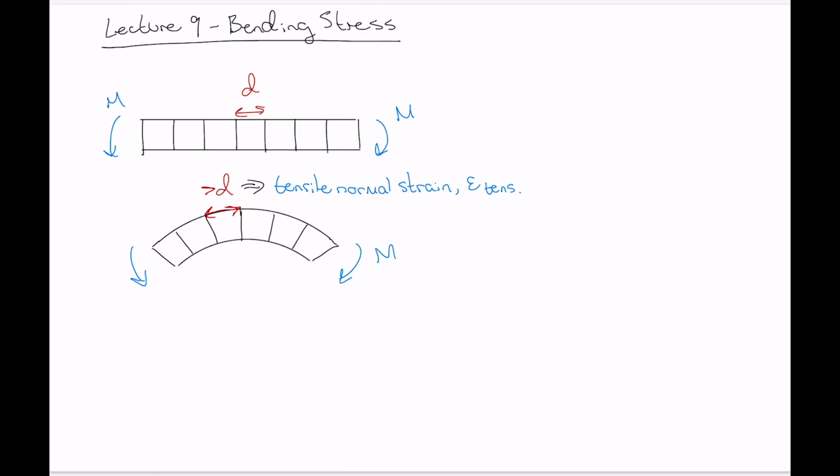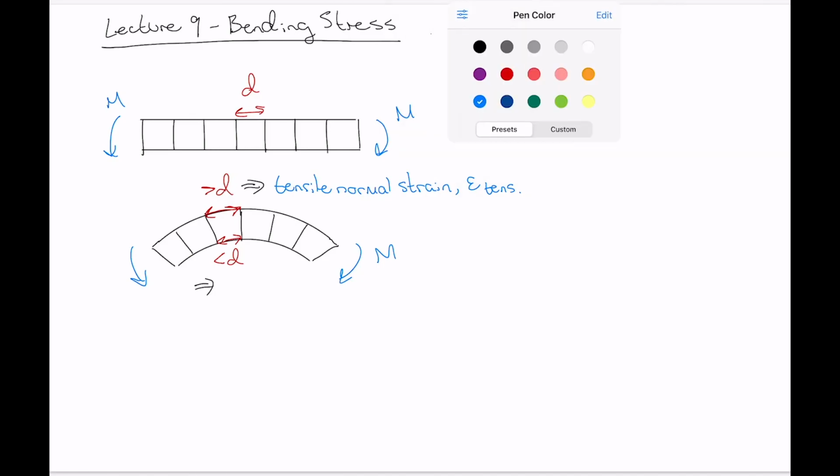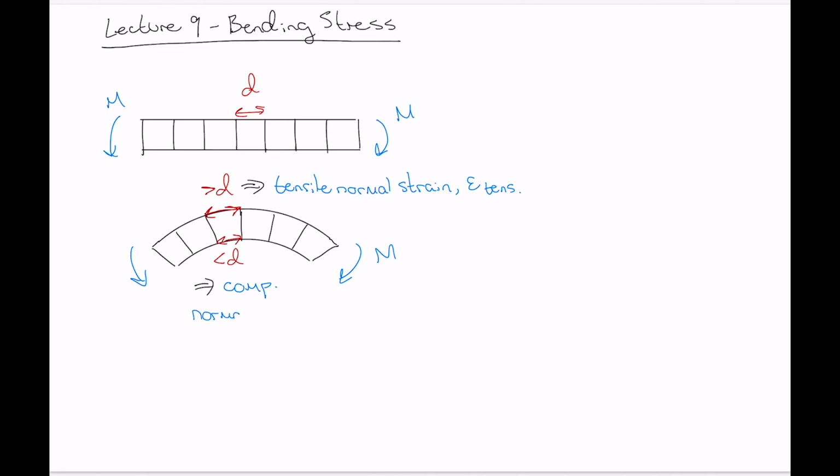And conversely, the bottom of the beam here, that length is shorter than the original distance D we started with. So this distance is less than D, right? And that means that there is here a compressive normal strain, epsilon comp.